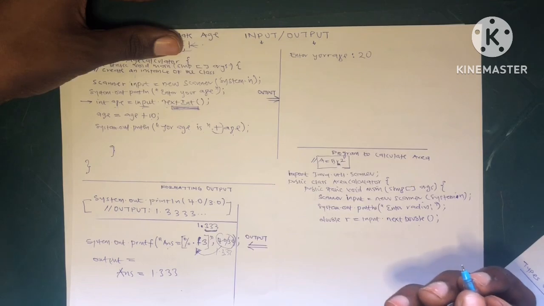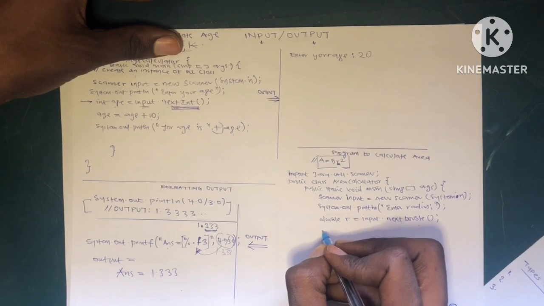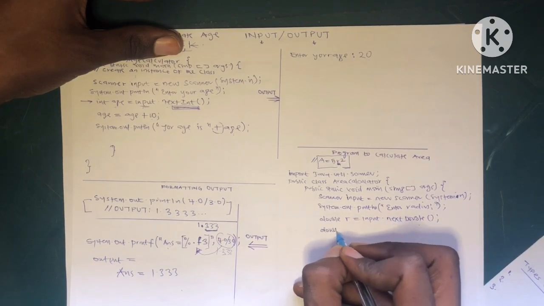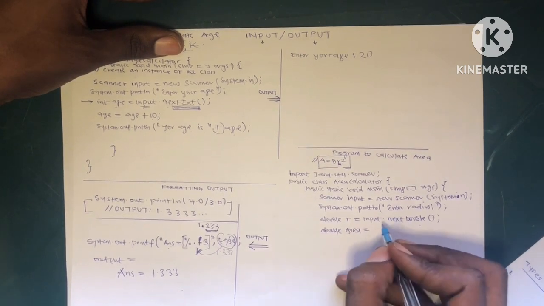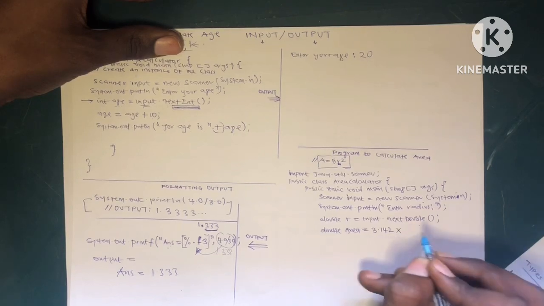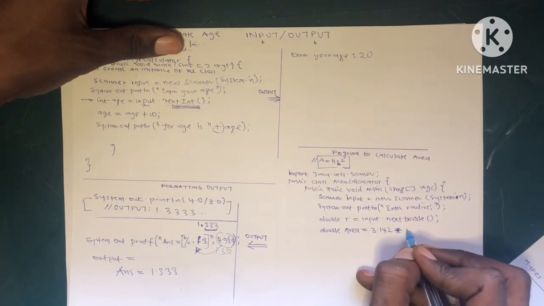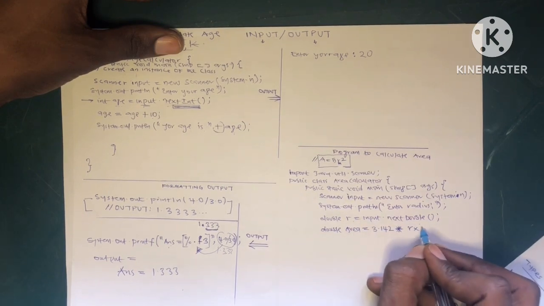Then I think at this point we can make our calculations. Let's create a double called area. This area will hold our area, so we now say 3.142, which is pi, times r, whatever the user enters here, 2.0, times r.